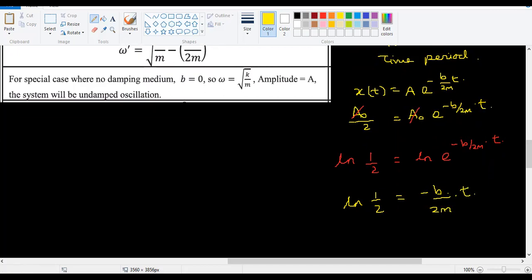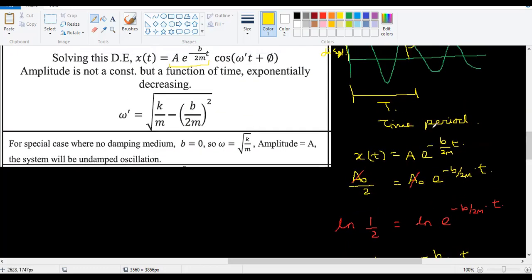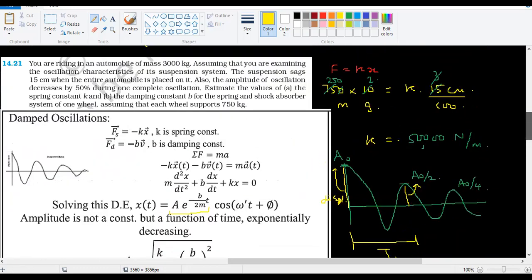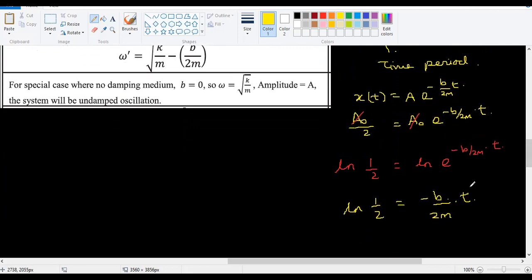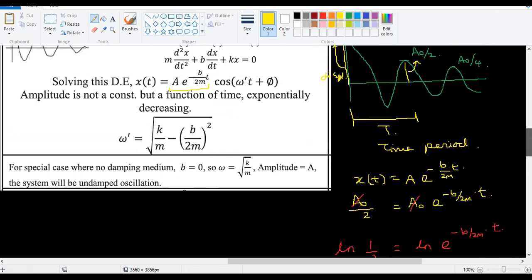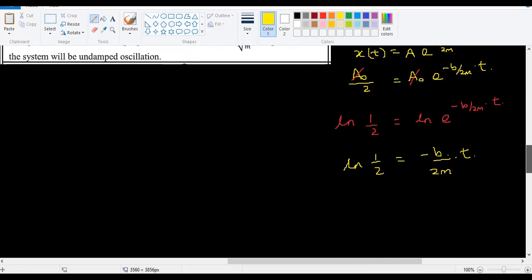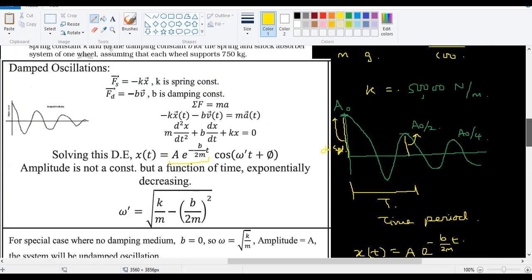By the way, I said T is nothing but the time period T. So that is what is asked, I think. And asked T, but then I need to calculate, no, only if I calculate T, I can calculate the B. So I can write this as B by 2 into the mass of one wheel, which is 750 kg.